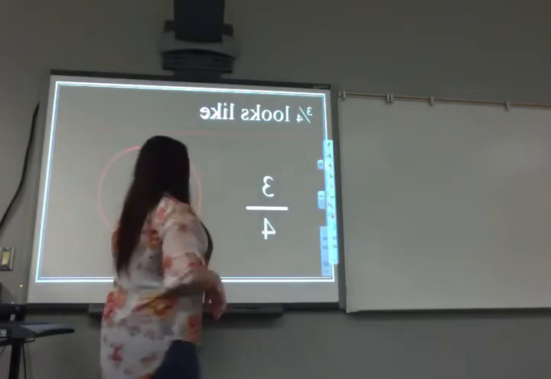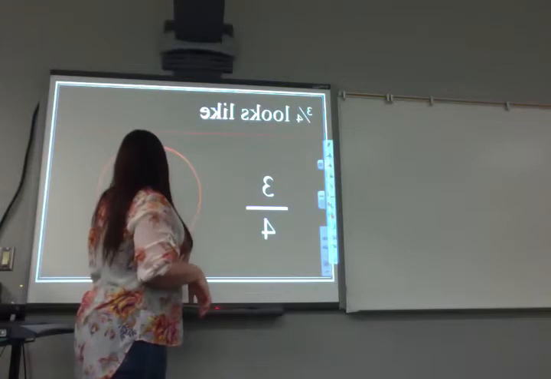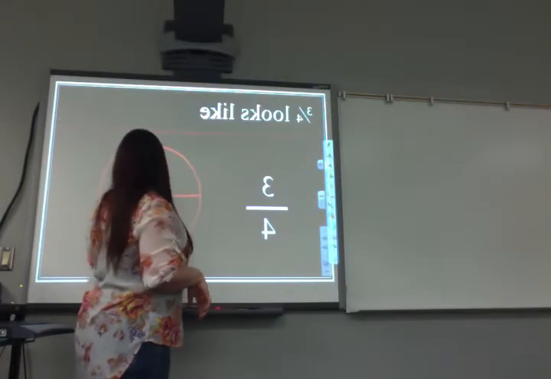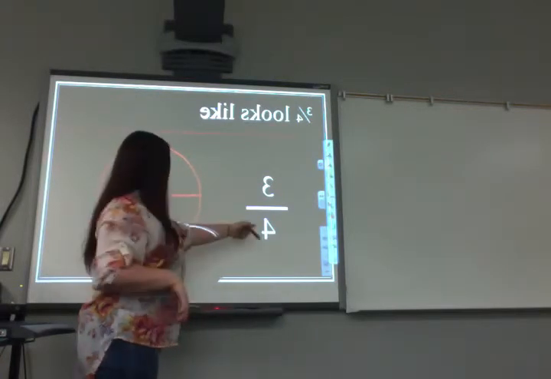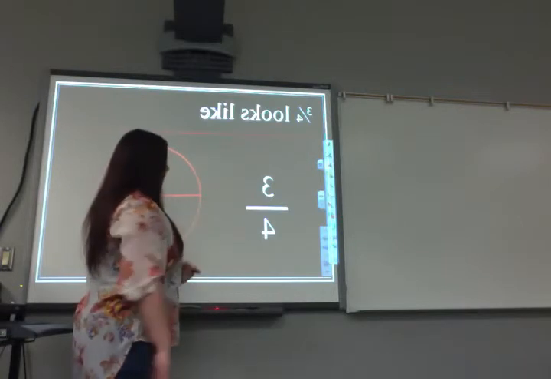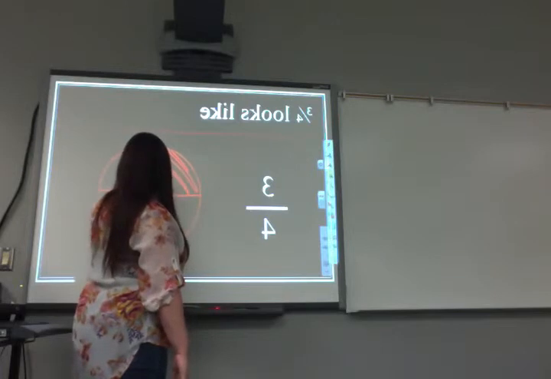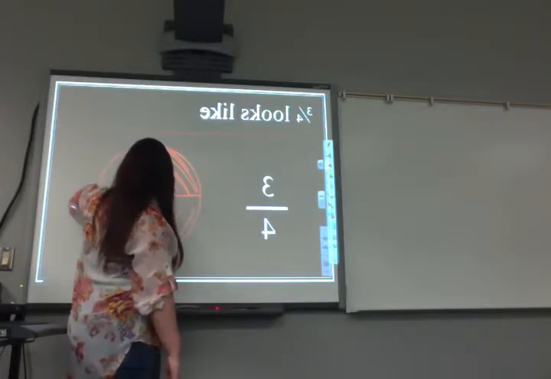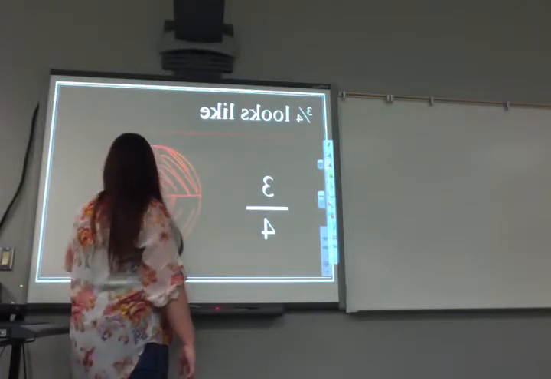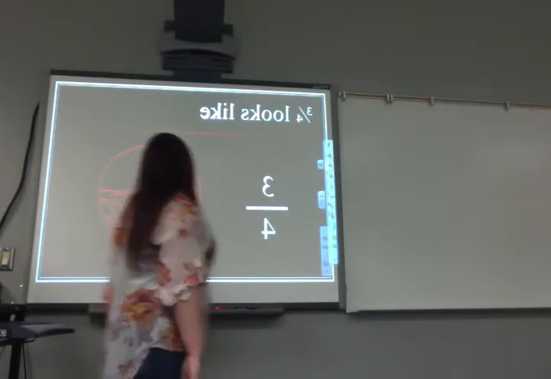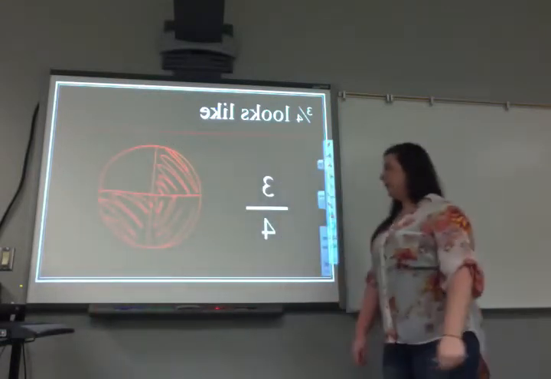Okay, and then we split it up into 4 parts, because remember the bottom part is how many total parts. For 3/4, the 3 is what we want to shade. So we're going to shade 1, 2, 3. So this right here is what 3/4 would look like.